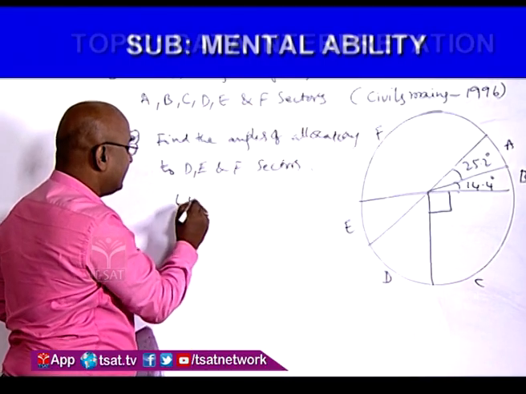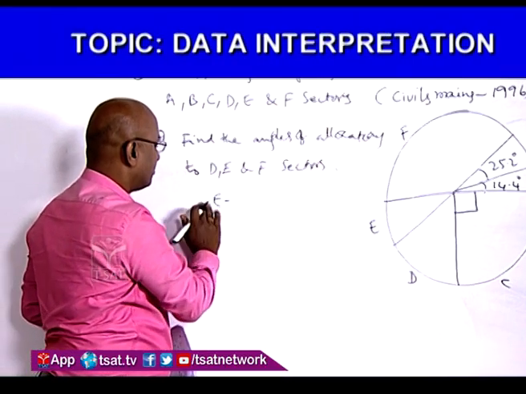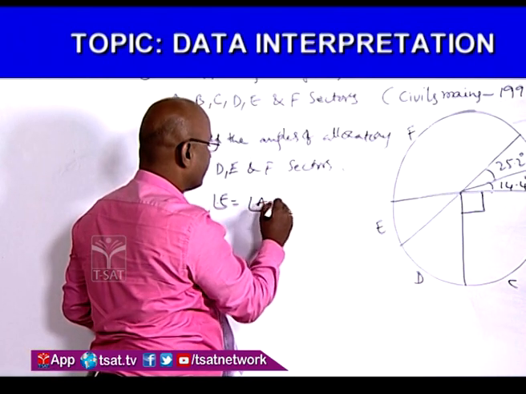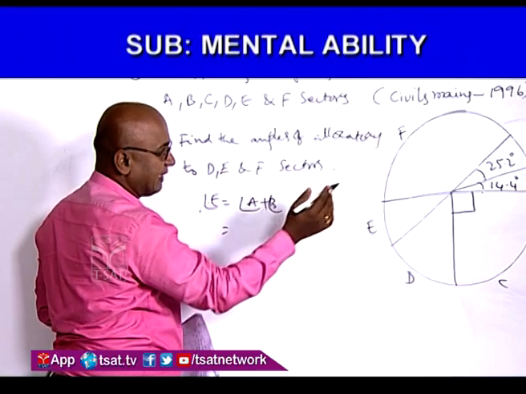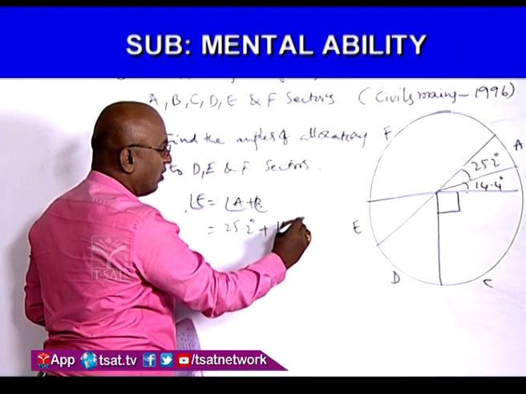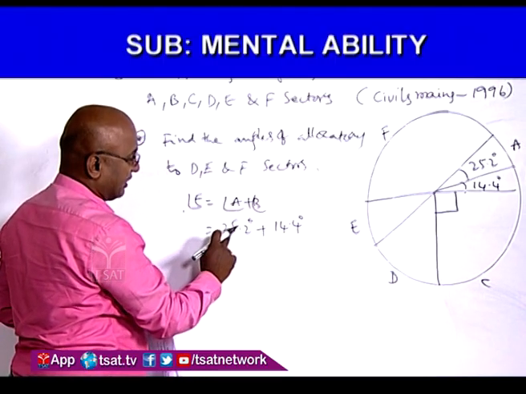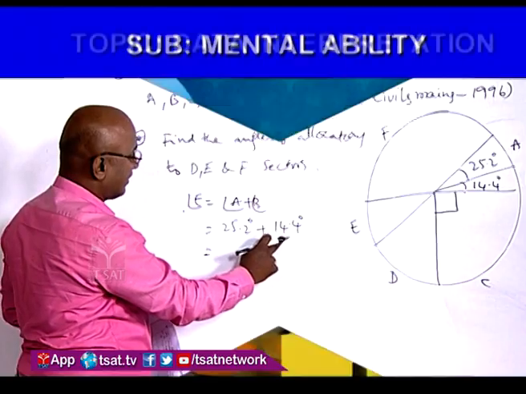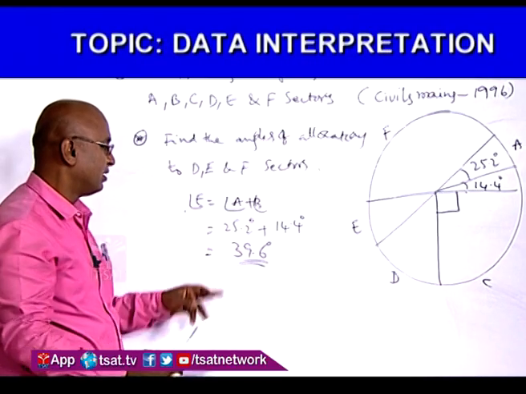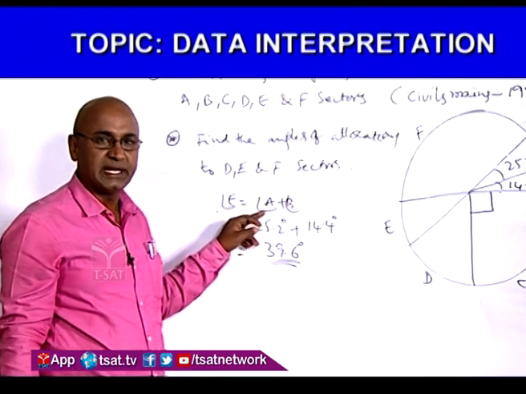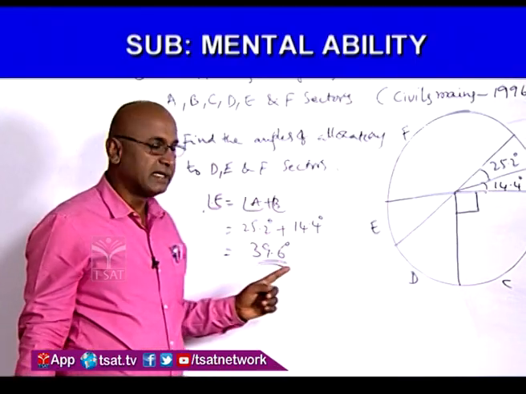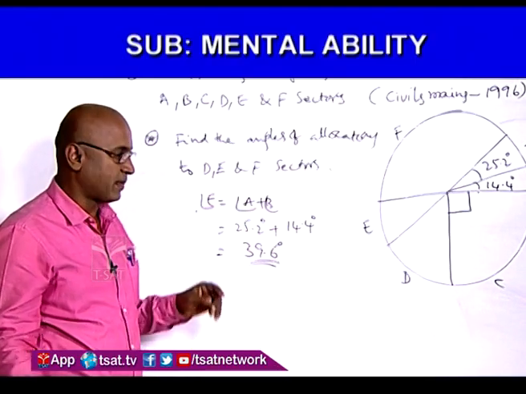Now, angle E is equal to angle A plus angle B. That is equal to angle A is 25.2 degrees and angle B is 14.4 degrees. So angle E is equal to angle A plus angle B, that is equal to 25.2 plus 14.4, that is equal to 39.6 degrees.